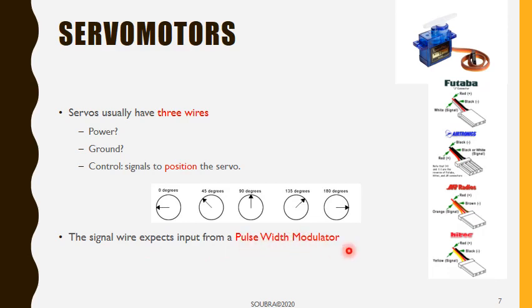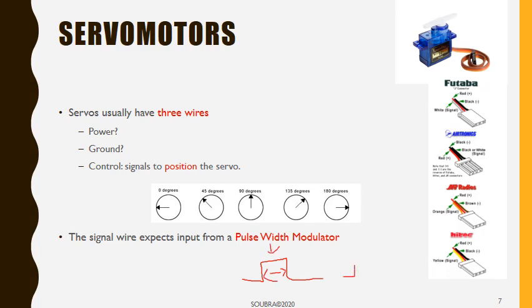You can notice two things here. Pulse is like an electric pulse, right? And the width has to do with the size of the pulse. It could be tight, or it could be wide. So a pulse is something like that, and with the PWM we get to control the width of the pulse.